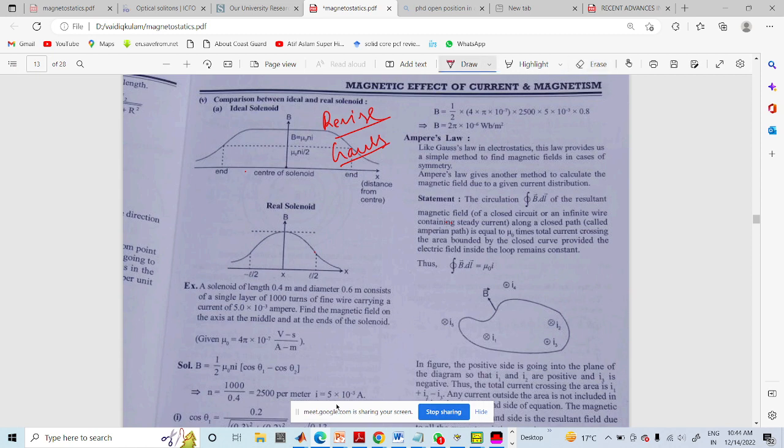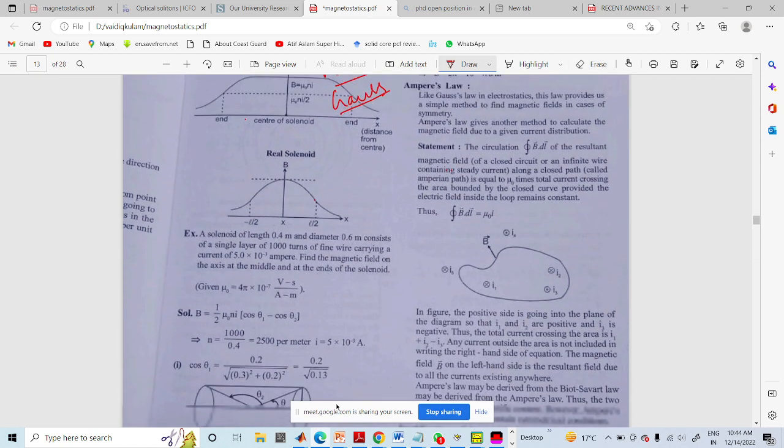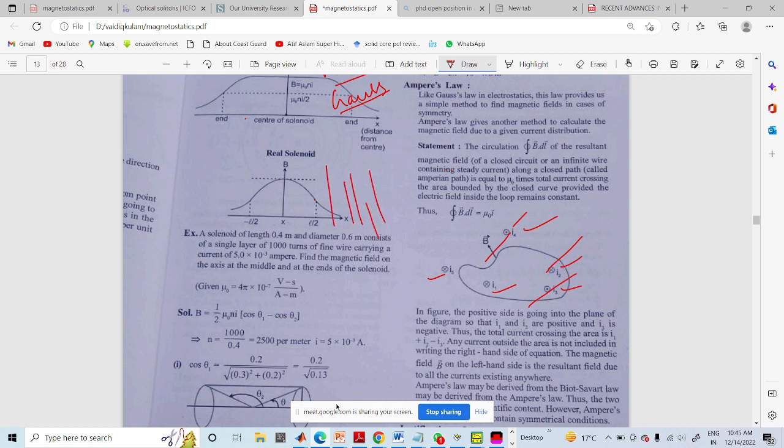So now try to understand quickly about Ampere's law, right? Here you can see this is current, this is current, this is current, right? So it is something like that. Suppose this is a wire, and the currents are I1, I2, I3, I4, I5.